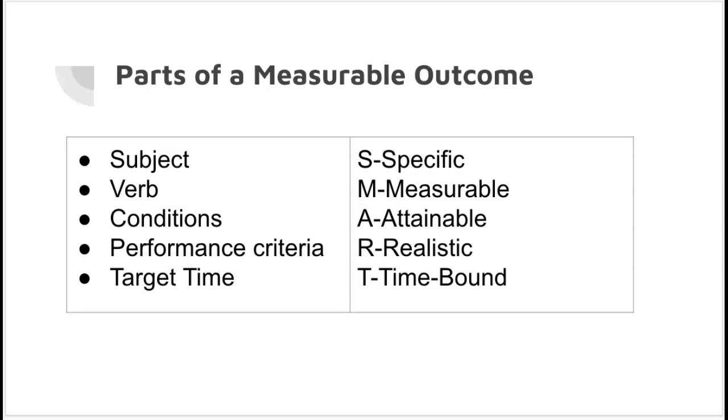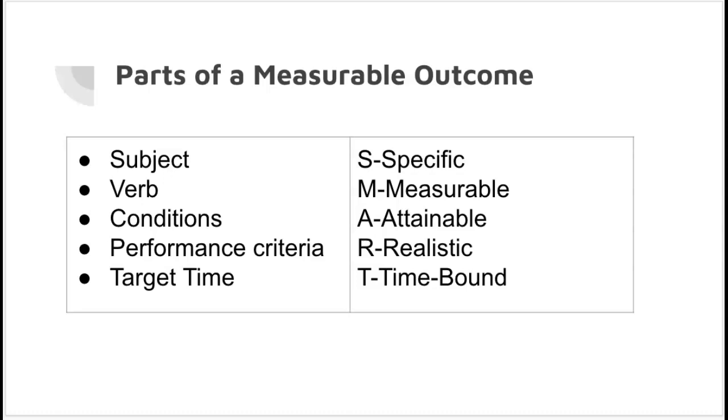An example of this: the subject for us right now is our patient, whose name is Jal Jones. So we would say Mr. Jones, and then the verb is the action we want them to perform. This is dependent on the type of outcomes that we want. So define, list, explain, describe, verbalize are just some common words that we're going to be using.